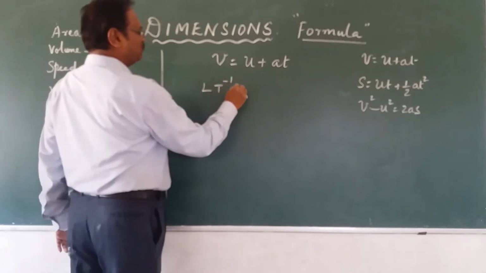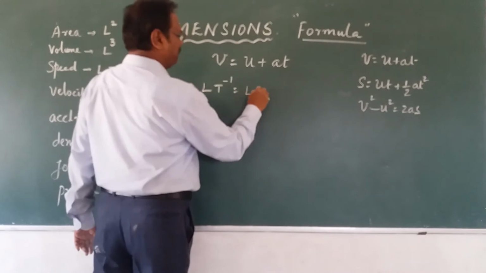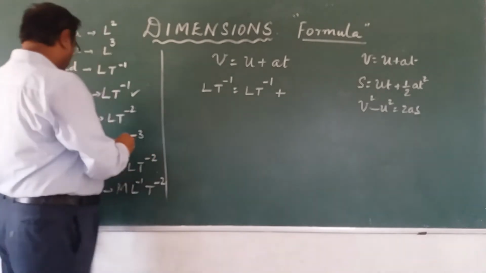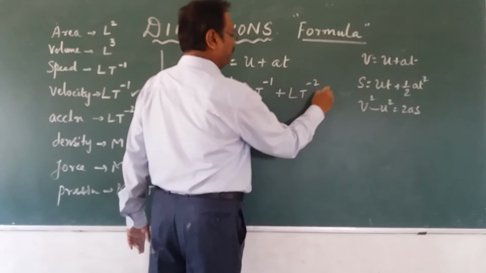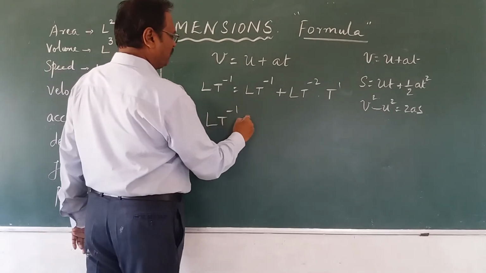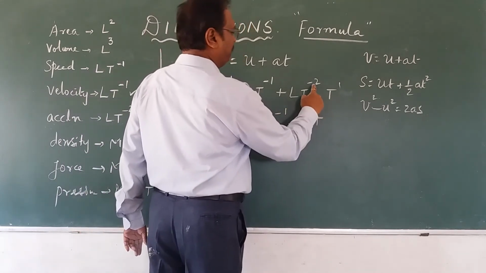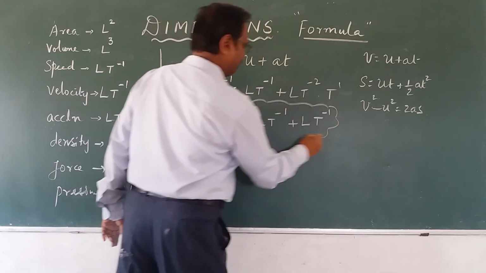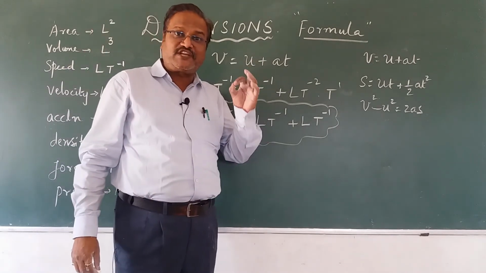L t power minus 1 is equal to initial velocity, L t power minus 1, plus a, acceleration, L t power minus 2, into time, t power 1. Okay, I got L t power minus 1 is equal to L t power minus 1 plus L t power minus 2 plus 1, minus 1. Right, now look at this formula. Yes, and we say the equation is dimensionally correct.